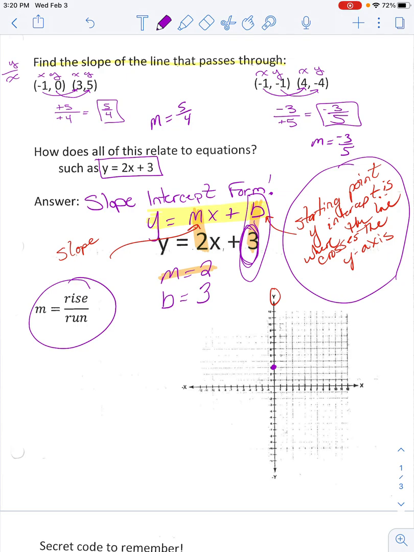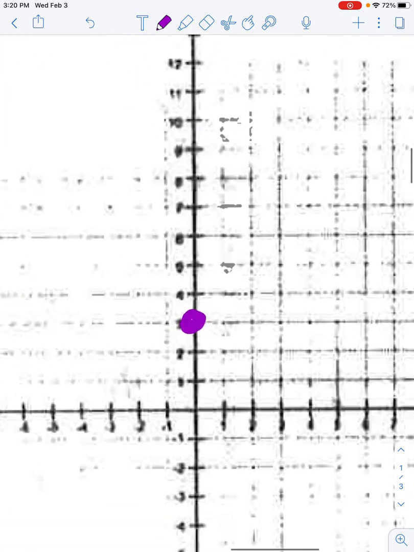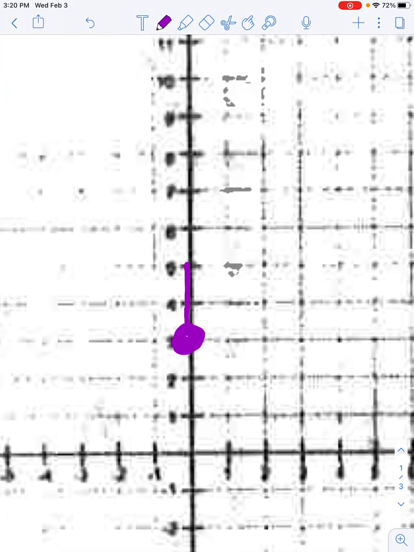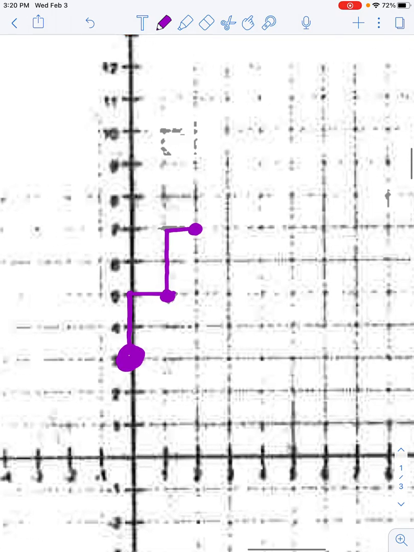Remember, when we do a slope of 2, that's rise over run. So if our slope is 2, we're going to rise 2 and run 1. Rise 2, run 1. I know the graph in the background's not real pretty.